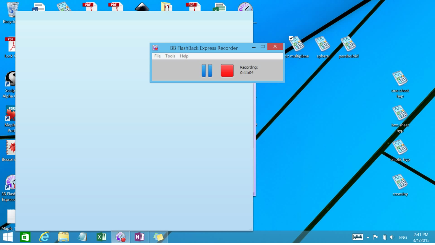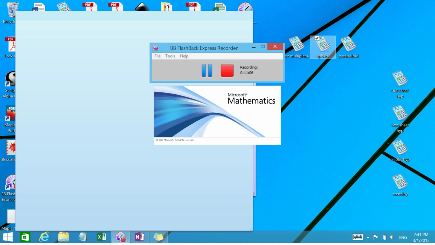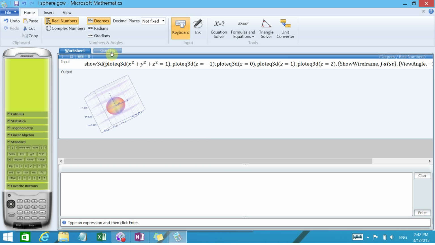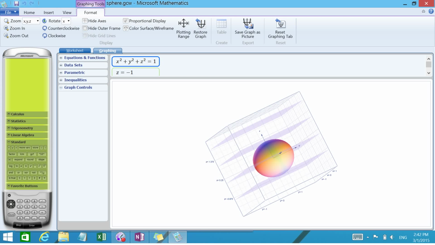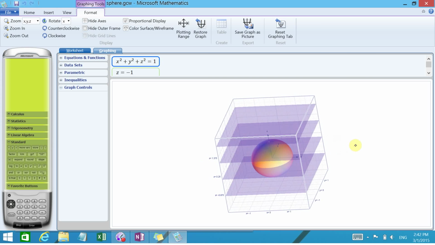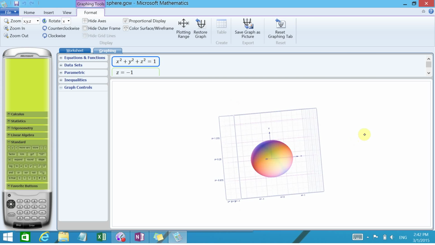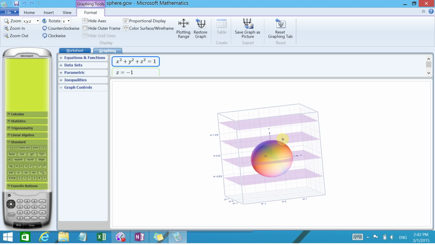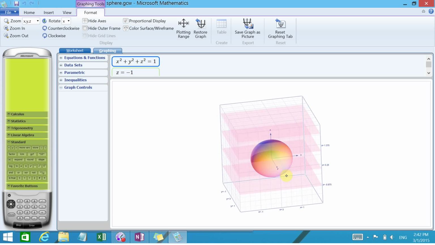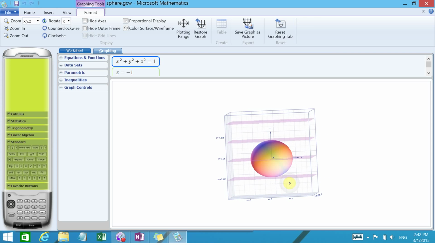Okay, now since we were talking about the sphere, let's open that up in Microsoft Mathematics. I already have it written or done, so here we go. There's the sphere, and these are the z constant planes. What you'll notice is that this top plane, that's my z equal 1 plane, and it touches the sphere at exactly 1 point, just the very top, the very north pole.